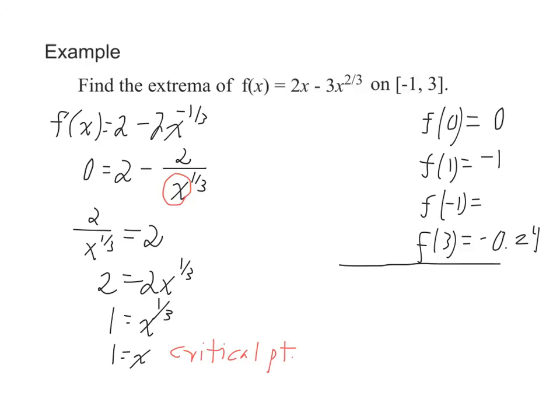Going back to f of -1, I think it's worth actually taking a look at how you evaluate this. So 2 times -1 minus 3 times -1 to the 2/3. Order of operations says you have to do the exponent first. So I need to figure out what -1 to the 2/3 power would equal. To do that, I'll just go ahead and translate it back into a root.